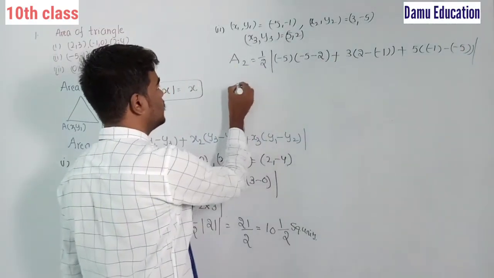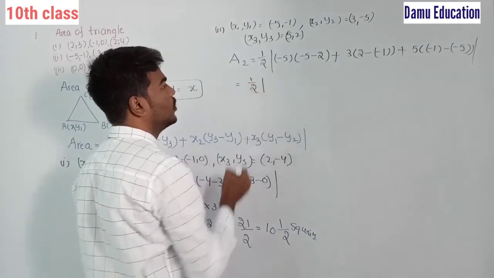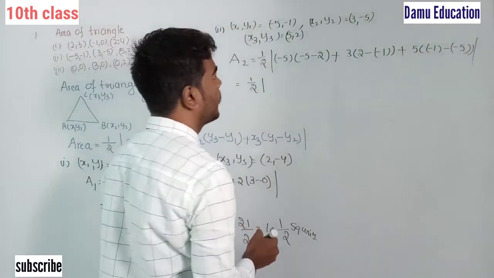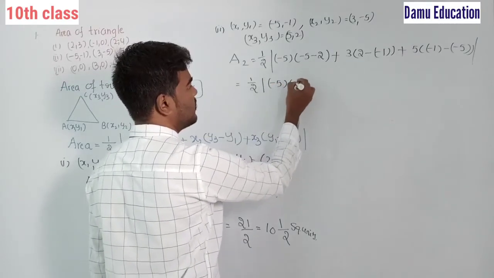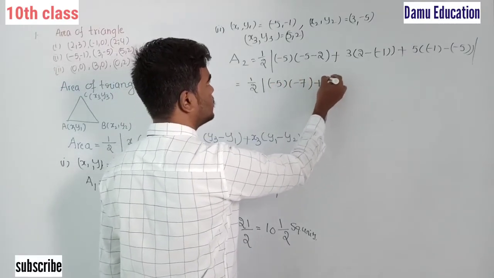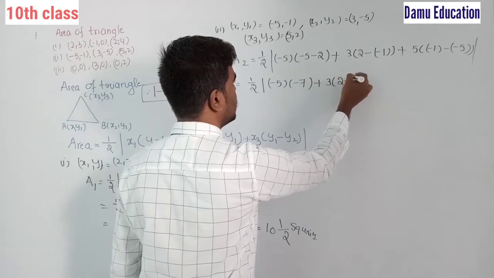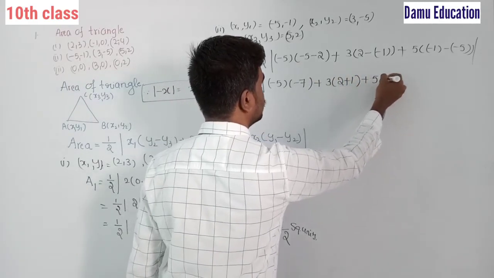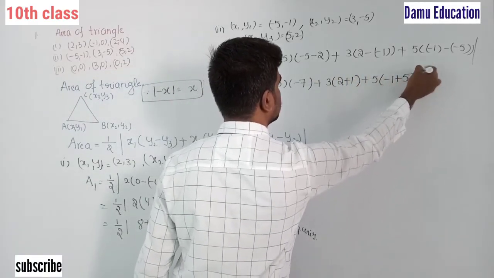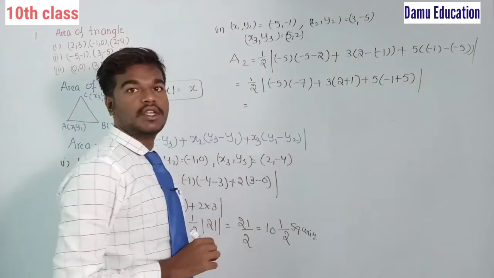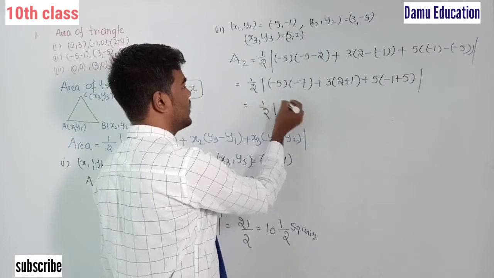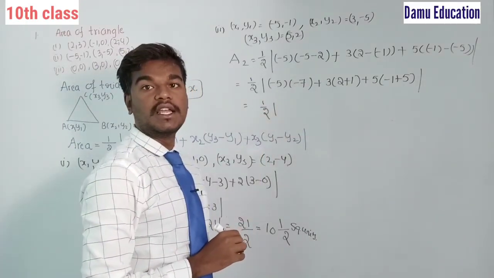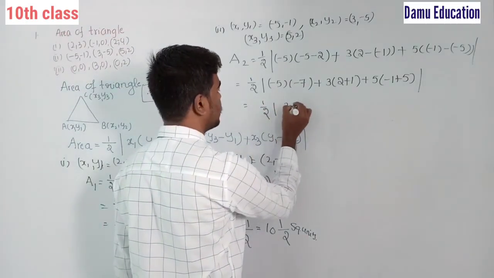So next, let's write 1 by 2 into minus 5 into minus 5 minus 2, minus 7, plus 3 into 2 plus 1, plus 5 into minus 1 plus 5. That is finished, so those are the values. So 1 by 2, minus into minus will become plus, 5 sevens are 35.